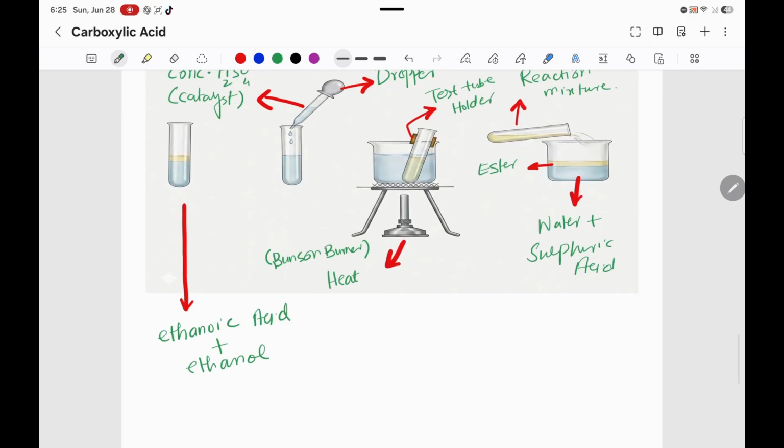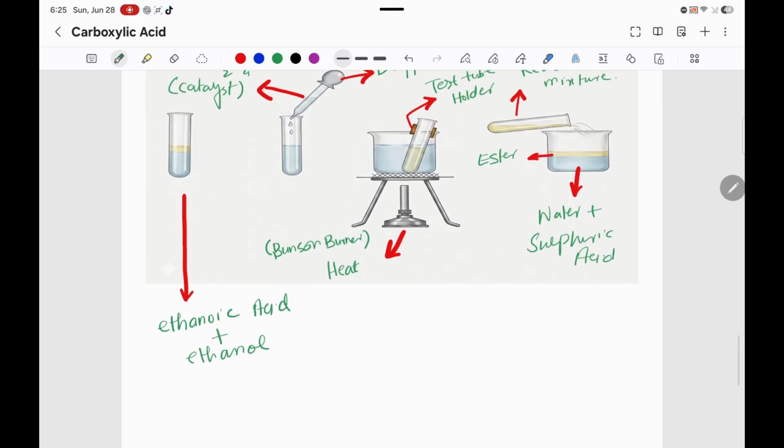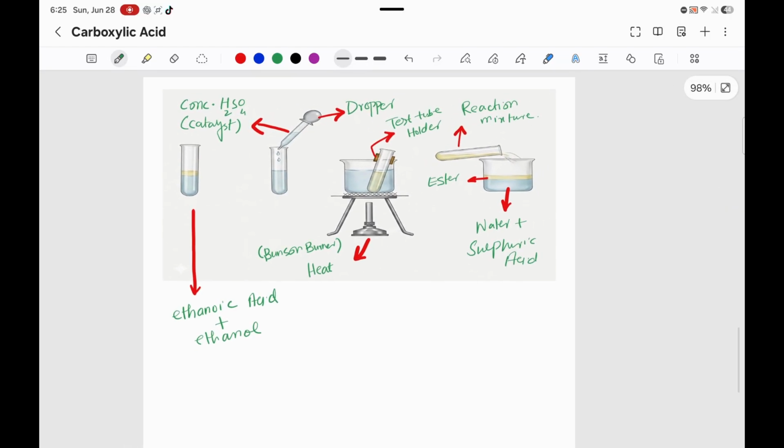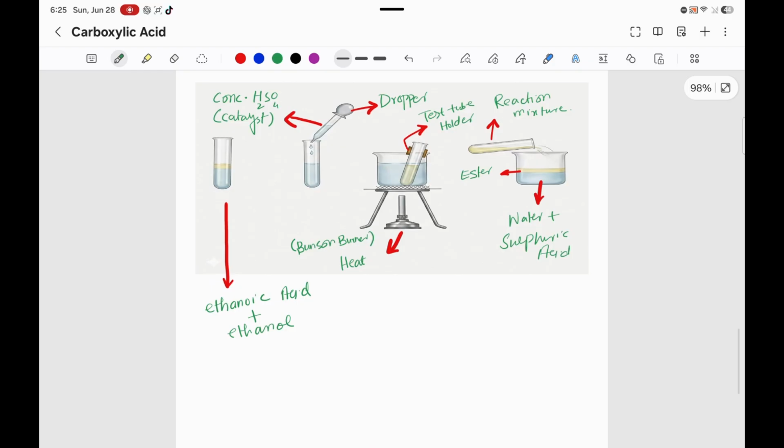Okay, so now let's understand the whole laboratory apparatus with the help of an example of a chemical equation. So first of all, we took ethanoic acid and we add ethanol in it. Okay, so let's write down the equation.